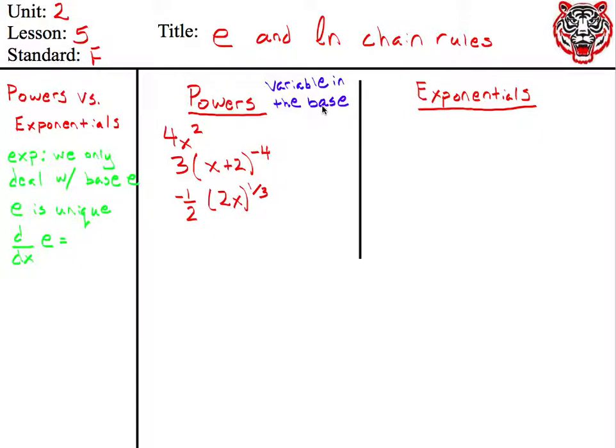So the general way of writing this, I'm going to keep it in blue, it's going to be like this. It's going to be some number, like a half or 3 or 4 out in front, and then you're going to have some base to the power of some number. And this guy right here, we'll even label it, this is the base. This is where the variable lives, somewhere down here.